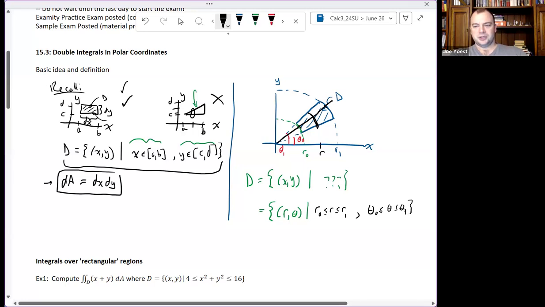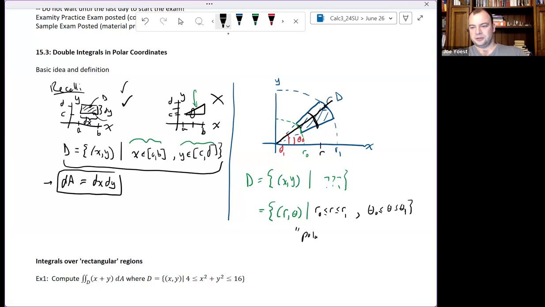So this is, in some sense, like a polar rectangle. From the perspective of polar coordinates, if we're sweeping out a slice of a circle, or even a part of a slice of a circle in this manner, the slice between two circles, that's effectively a polar rectangle.